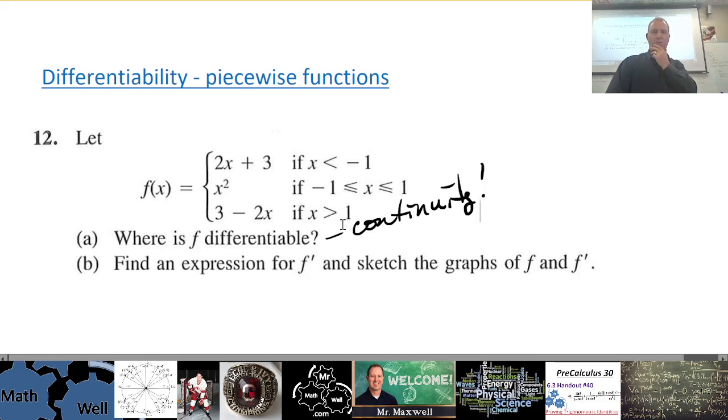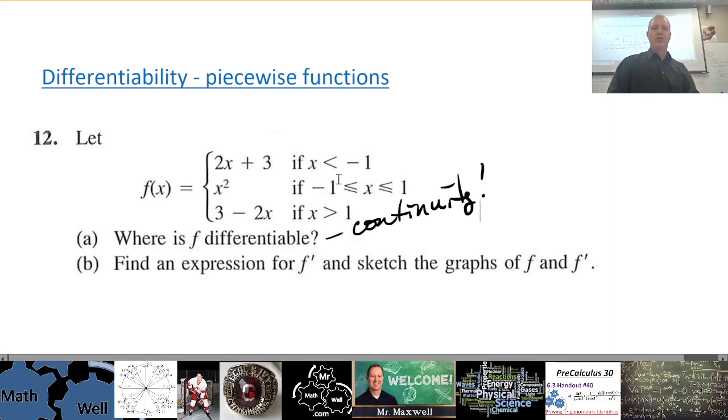It's asking for which values of x would be differentiable. There would be only a few values of x, one or two or three, that wouldn't be differentiable. So it's asking you to locate where this might not be.